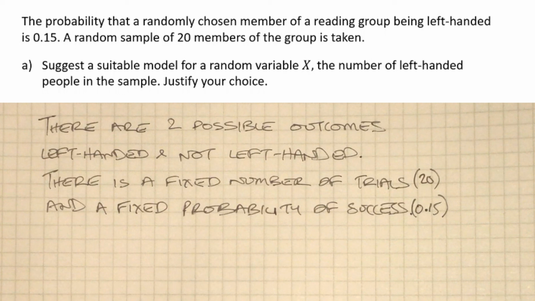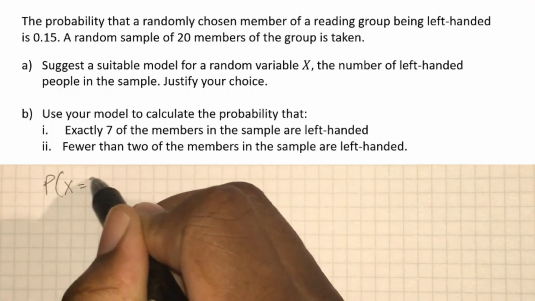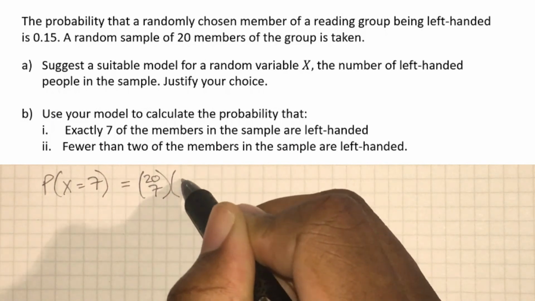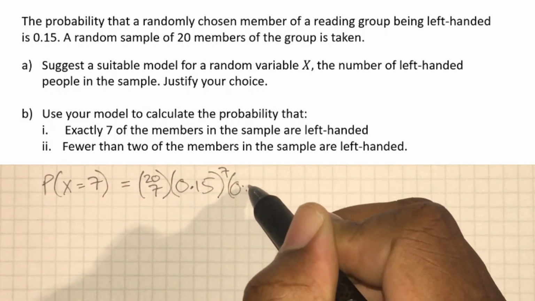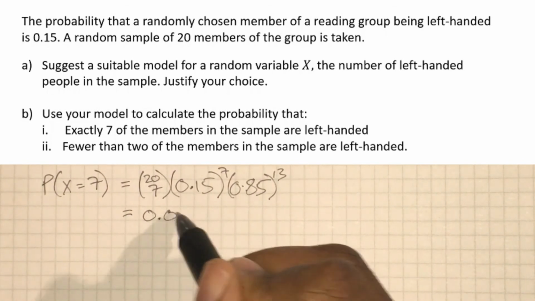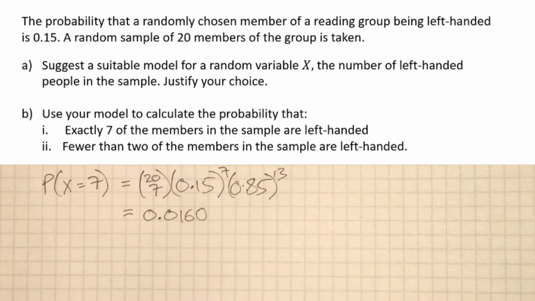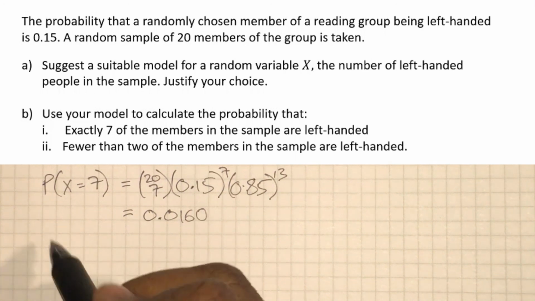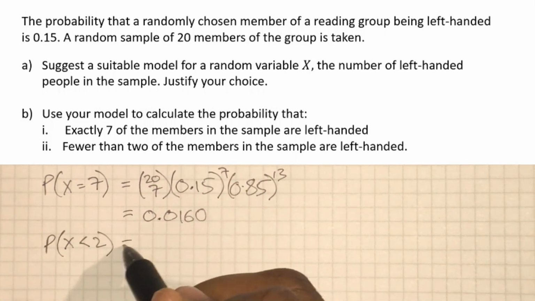Okay, the second part asks us to use our model to calculate these probabilities. Probability of being exactly 7. I'm just going to plug this into the probability function. 20C7, 0.15 to the power of 7, 0.85 to the power of 13. And that leaves us with 0.016. The probability that fewer than 2 members in the sample are left-handed. Fewer than 2 is the same as saying less than 2.